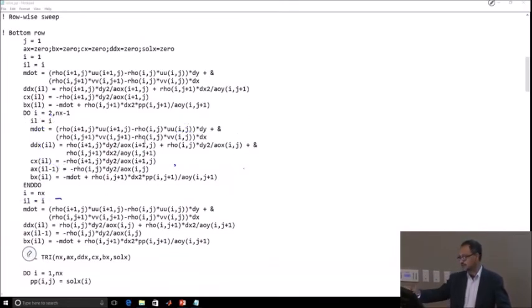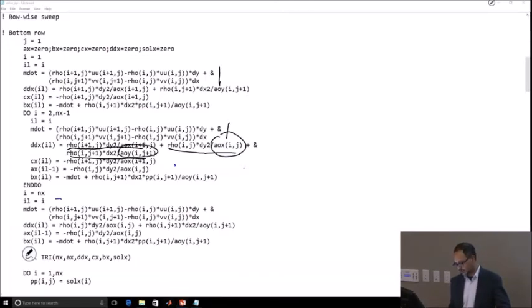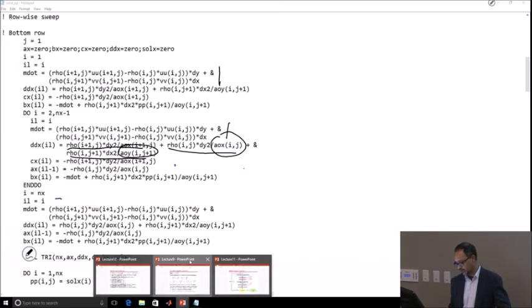This is very straightforward. You can see here is my m dot I'm calculating. Let's just go to some interior row here. Here's my m dot. Here's my diagonal. Notice it's using link coefficients of the momentum equation right there. That is exactly what you have here.